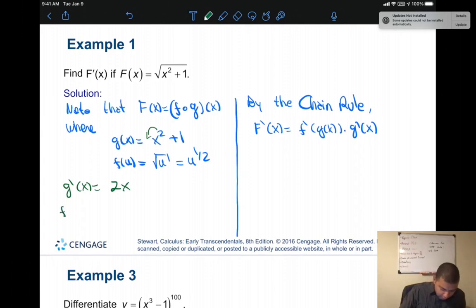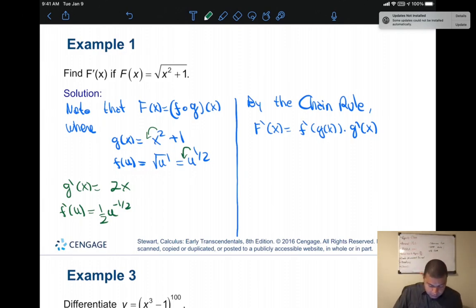while f prime of u, so I'm now deriving f with respect to u, which is its variable, so I bring the 1/2 down, right, and the u loses 1 in its power, so I do 1/2 minus 1, that's minus 1/2, right? Just remember the power rule, and these are the two things that I have to use.